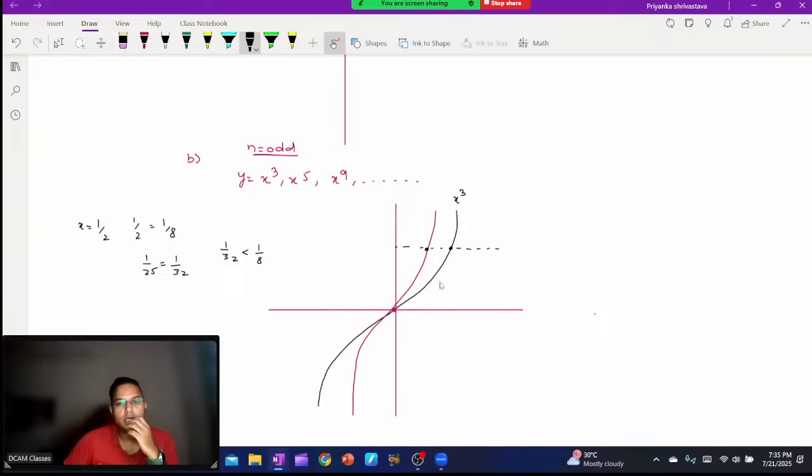So at the same value of x, at the same half, x cube is greater. How is it possible?